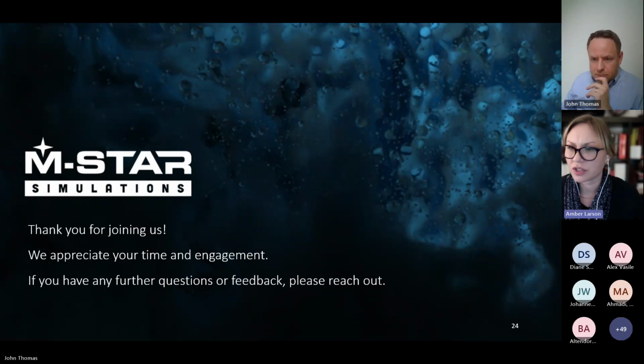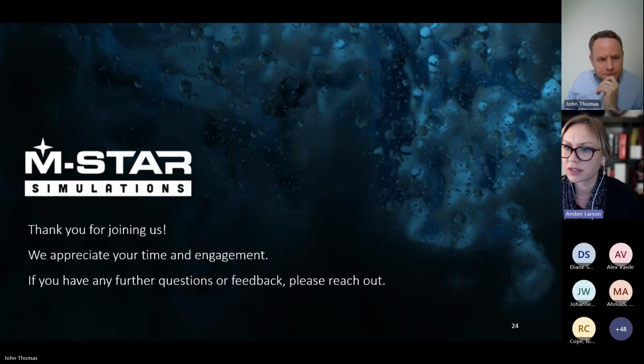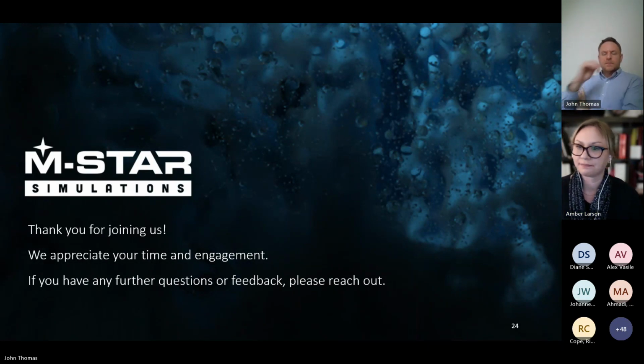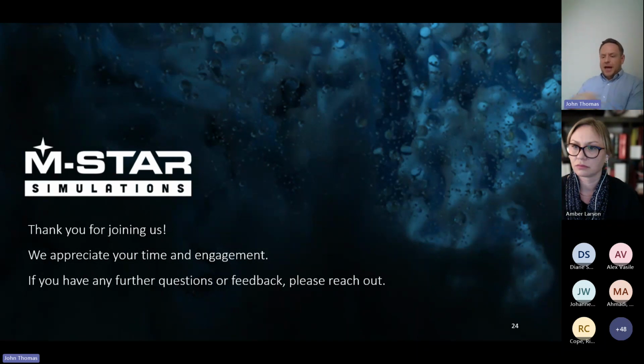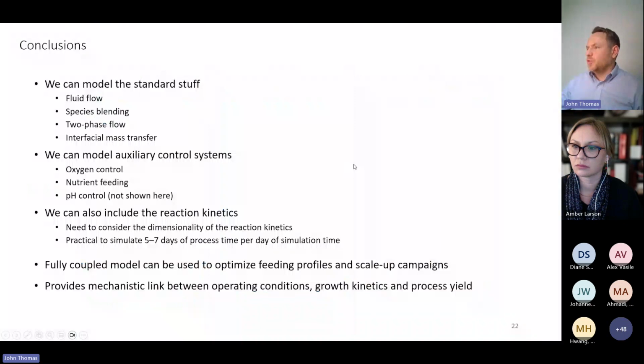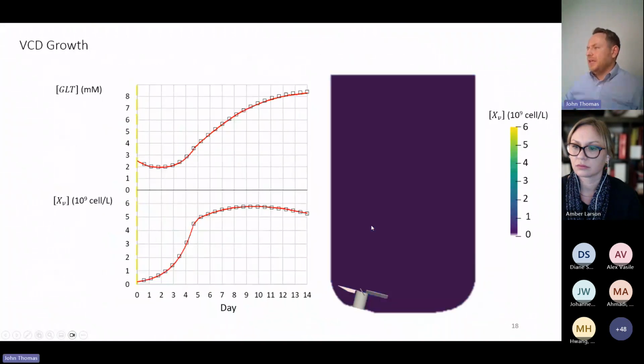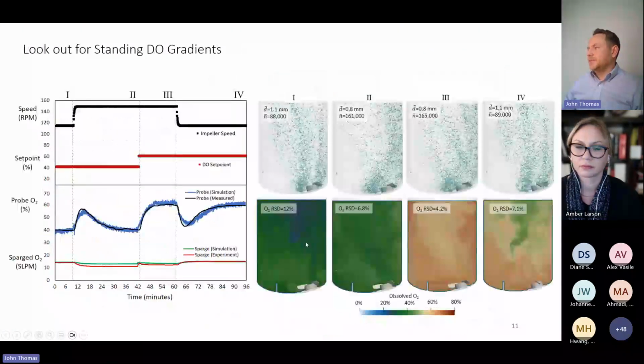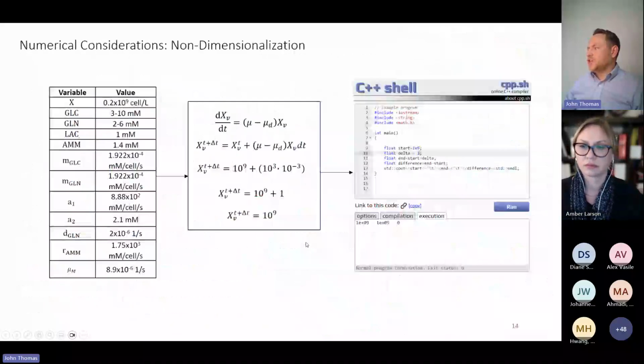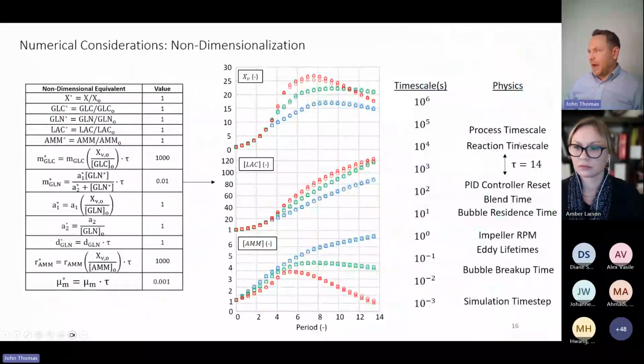All right, there's one other question that I think maybe hasn't been addressed yet. What would the limitation be on how fast you can accelerate a simulation? Would it be the controller feedback time? I think yes. Going back to this slide here, we've got to make sure we are decoupling these timescales. We've got to make sure that we're not intruding these process timescales into these reset timescales.